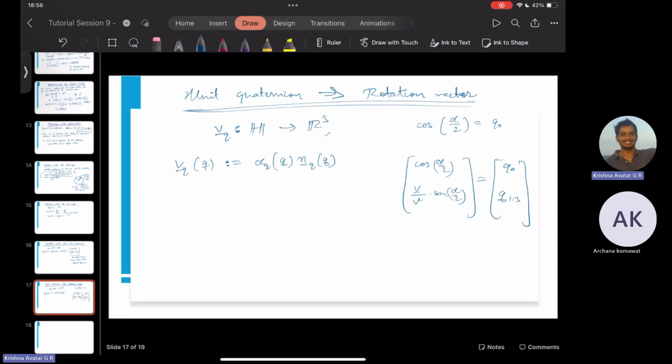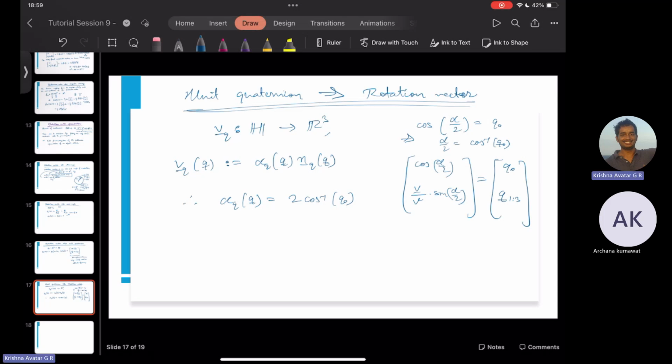So balancing the corresponding components, cos of alpha by 2 is equal to q naught. We can write this as alpha by 2 is equal to cos inverse of q naught, which makes that alpha of q as a function of q vector is equal to 2 into cosine inverse of q naught, right?